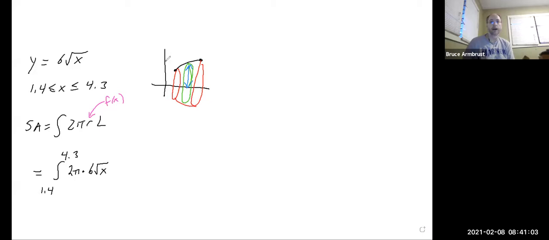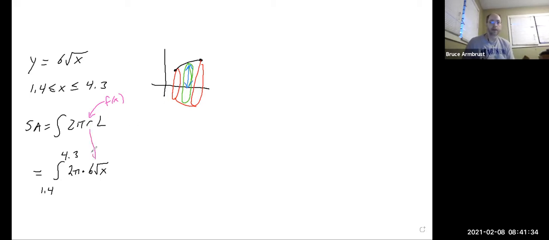If we are going about the y-axis, our radius would have to be the x value. So we'd need a function of y. If we were rotating about some other axis, like let's say x equals -2 or something like that, we would have to do our function value plus 2. So we have to adjust it, but that's why I like to think of it just as 2 pi RL, and then I can use the picture to figure out what my R is.